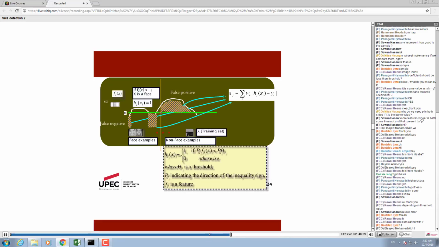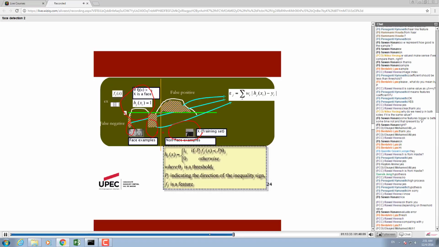So in this case, the direction is, f is larger than the threshold. So ideally, on the left side, all the white ones should be larger than this green line. On the right side, all the white graph should be below, less than the green line. That is the ideal case.